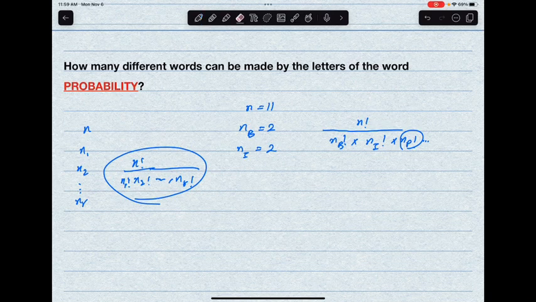So we can just simply remove those and just consider the letters which must be used more than once. So B and I are the only letters here. What is the answer? It's 11 factorial divided by 2 factorial and 2 factorial.